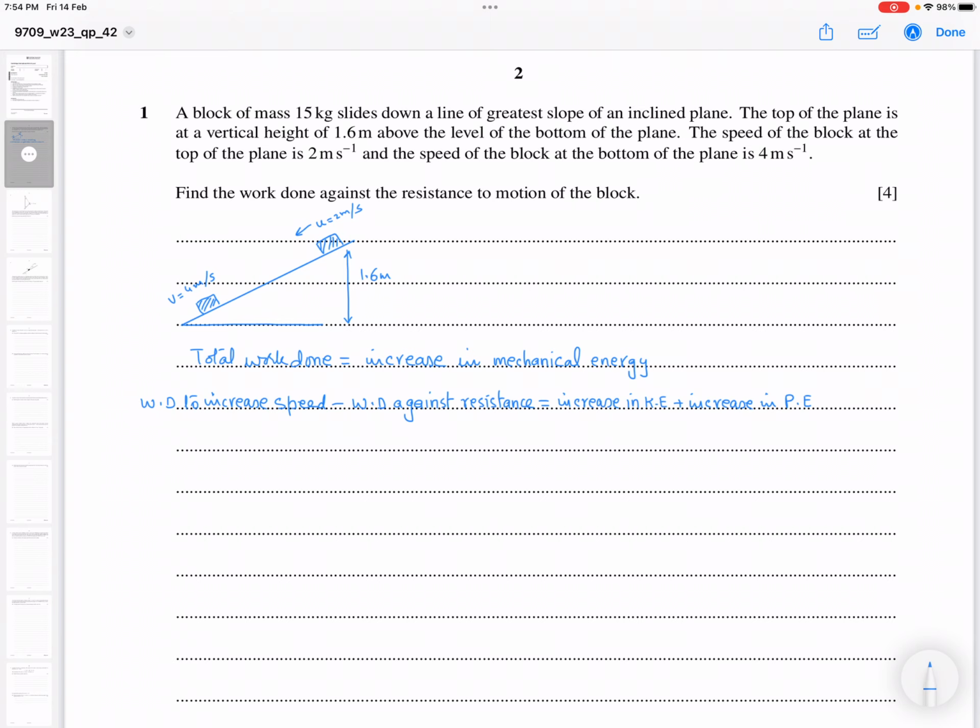And our increase in kinetic energy further comprises of final kinetic energy minus initial kinetic energy, and the same will happen with potential energy, and that would be final potential energy minus initial potential energy.